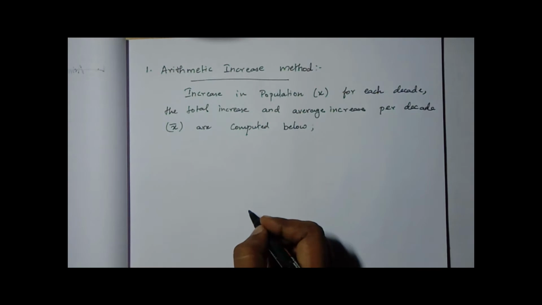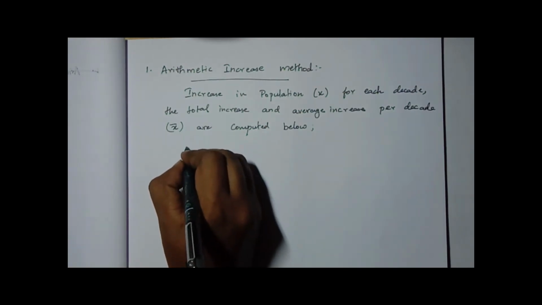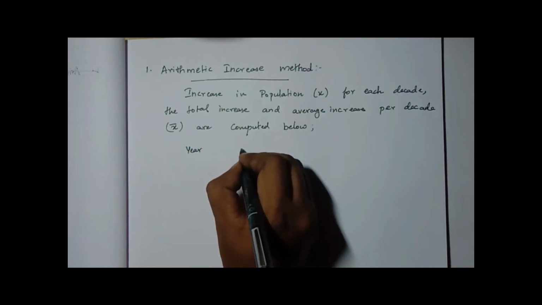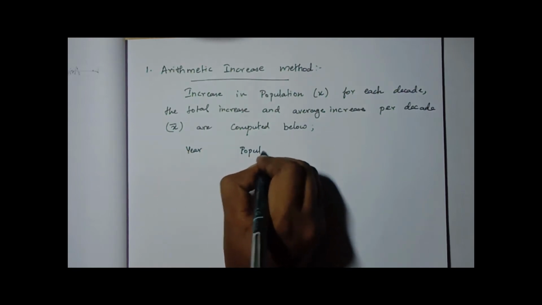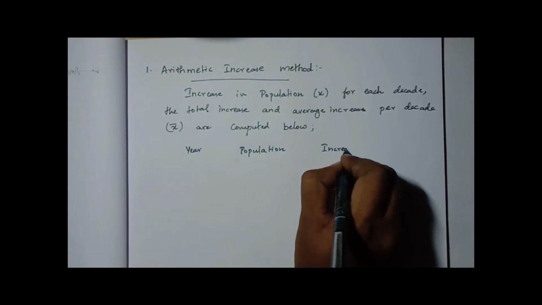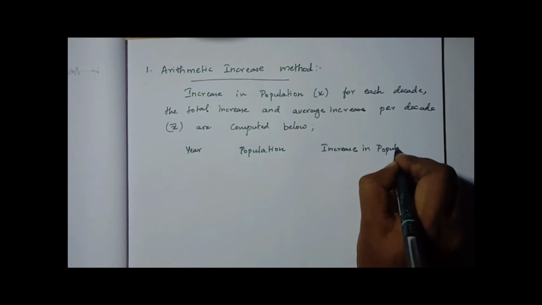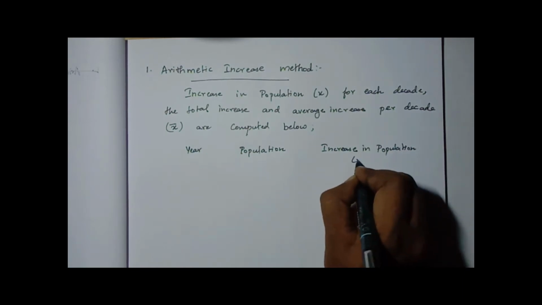So let's use a tabular column based on the table they have given in the question. Year, population and increase in population, which is known as x.